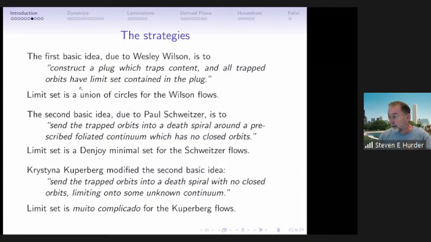Well, back off one more step, and Christina had the idea to send the orbits into a death spiral, but you don't know where they go. So she constructed a flow, but we can't say what the minimal set looks like particularly. And that sort of becomes fascinating because dynamics, you want to analyze it. At the minimum, you want to know what the minimal sets are. So let me explain this.